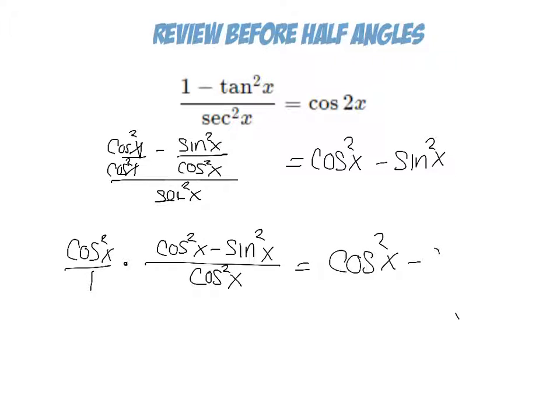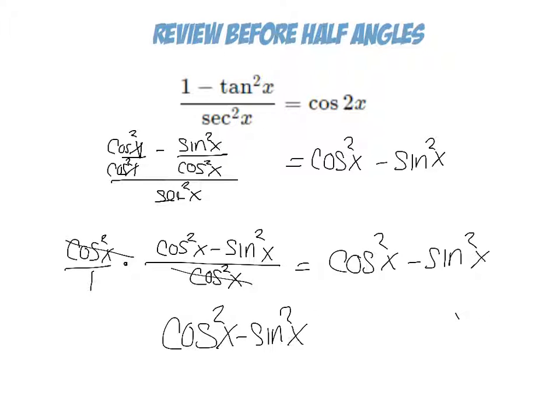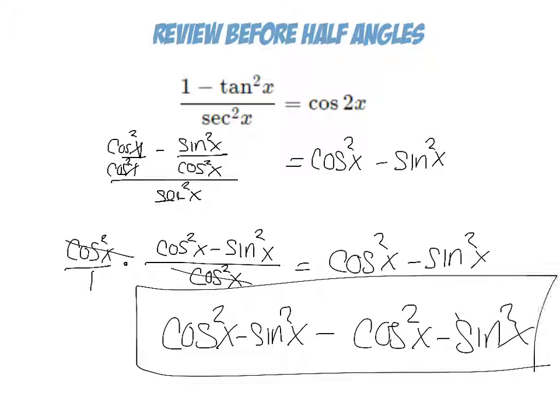Remember where we're headed over here to look like this, which we're pretty much right there. Those cosine squareds are going to cancel, and we've verified that identity. Again, I boxed that in, but the real answer is all of this work prior to that.